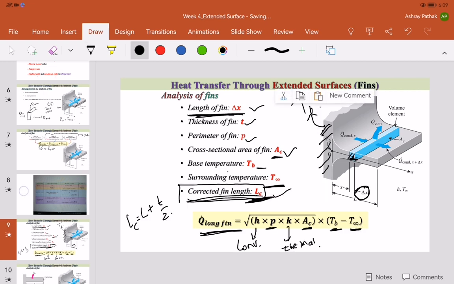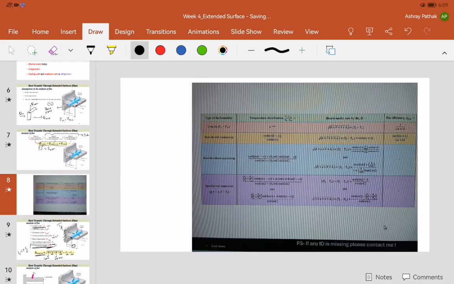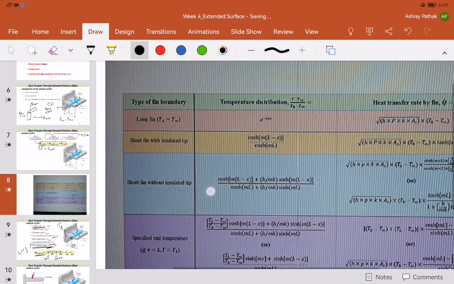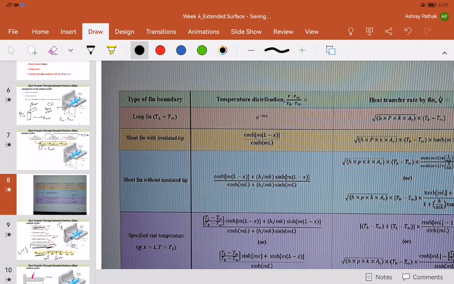In case of extended surfaces, we have 4 cases or 4 types of boundary. Either we may have a long fin, whose length is quite large. We might have a short fin with insulated tip.